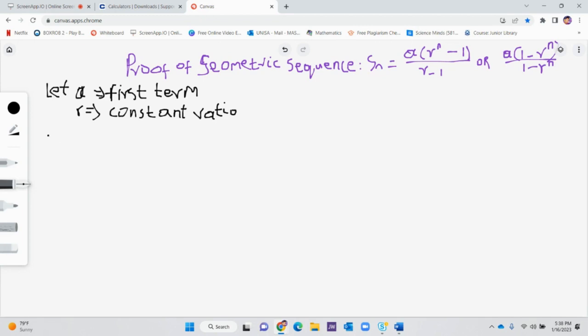So now we're going to say Sn is equal to, how do we go about determining the geometric series?